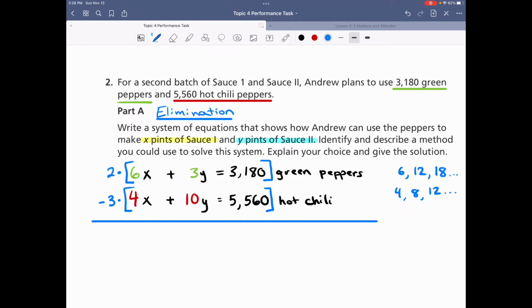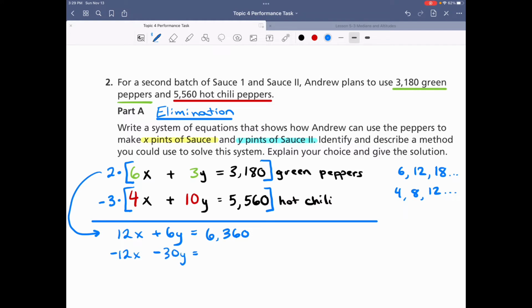All right, when we multiply, we get 12x plus 6y equals 6,360. That's for the first equation. The second equation, I'm multiplying times -3, so I get -12x. -3 times 10y is -30y.